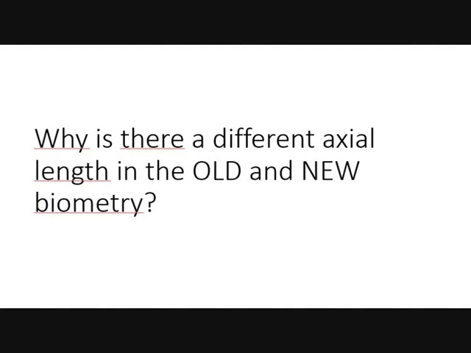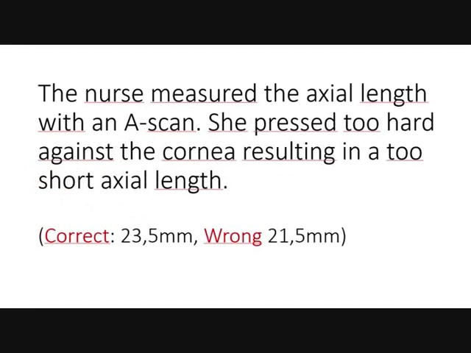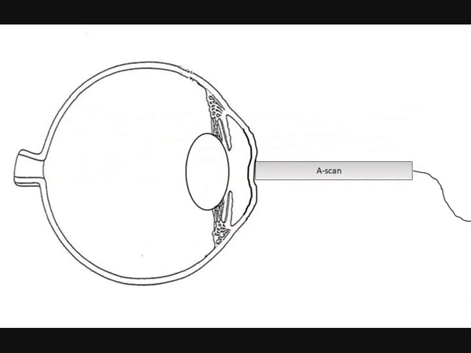So why are there such different axial lengths in the old and new biometry? Well, the nurse measured the axial length with an A scan. She pressed too hard against the cornea, resulting in a too short axial length. Correct was 23.5 and wrong is 21.5.